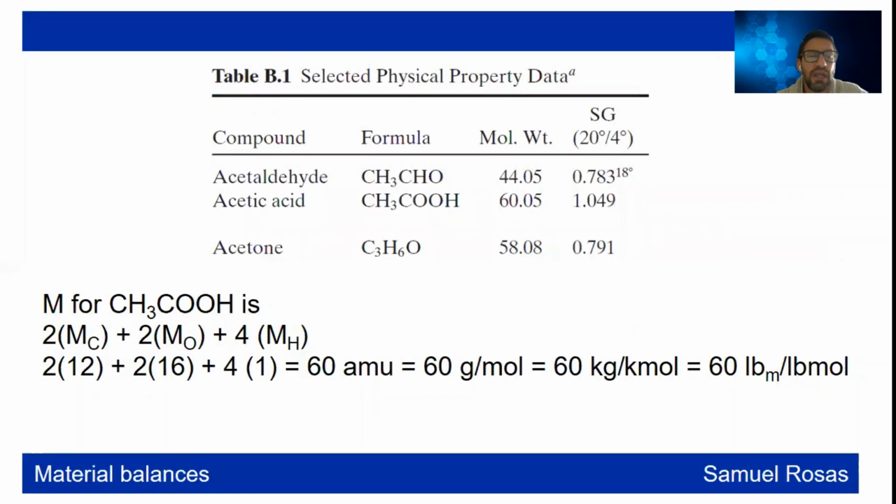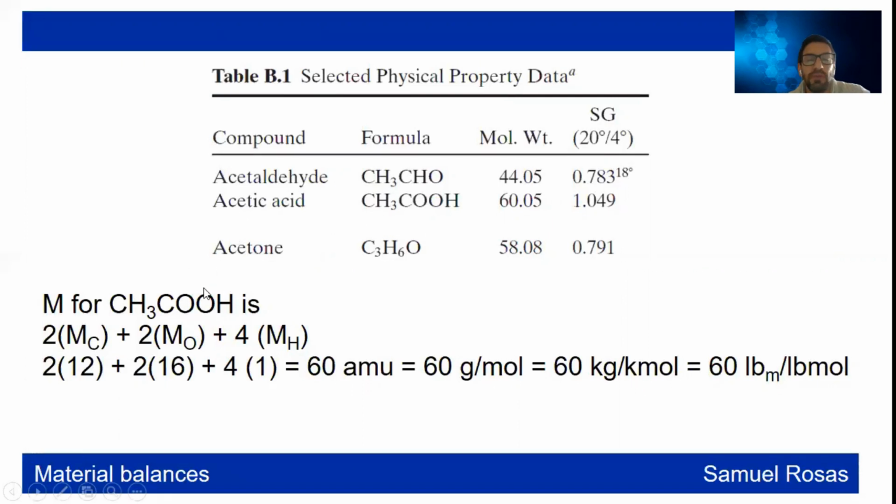Let's say for CH3COOH, which is acetic acid, we're going to multiply the number of atoms times the atomic mass of each of the atoms. So 2 times the atomic mass of carbon, plus 2 times the atomic mass of oxygen, plus 4 times the atomic mass of hydrogen, because we have those amount of atoms, 2 carbons, 4 hydrogens, 2 oxygens, right?